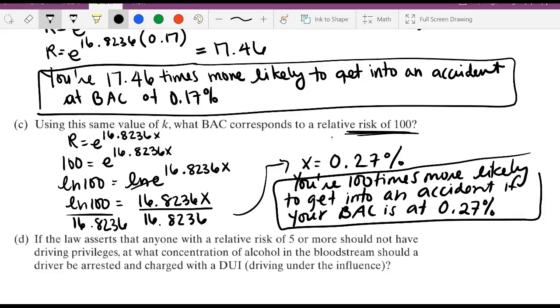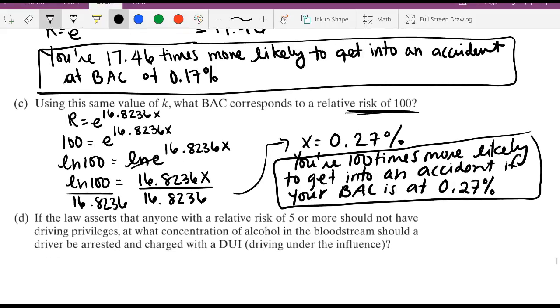Okay. Honestly, 0.27% is such a high level of alcohol that you're probably going to pass out.